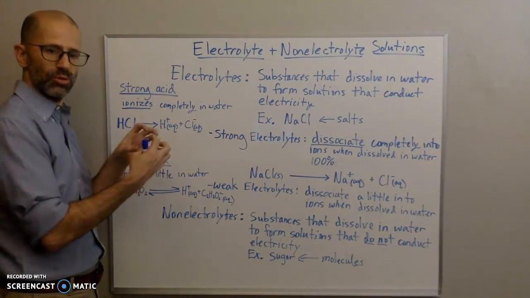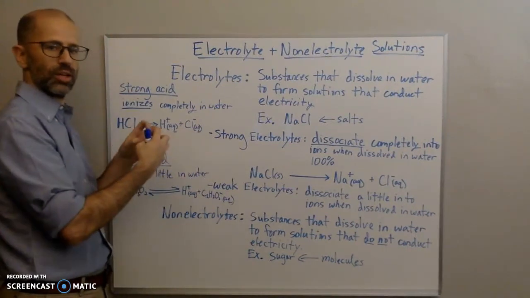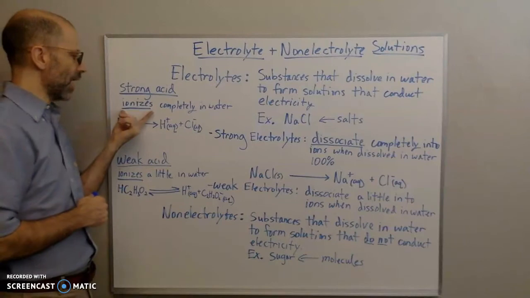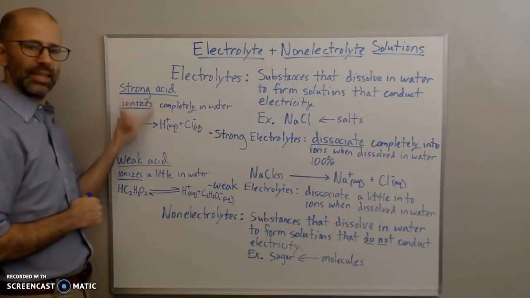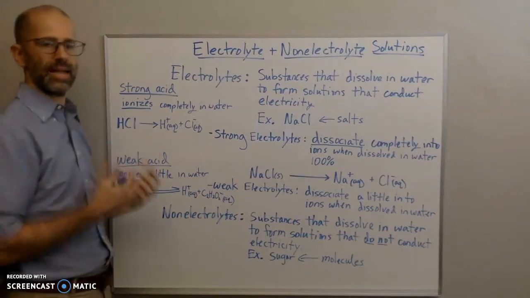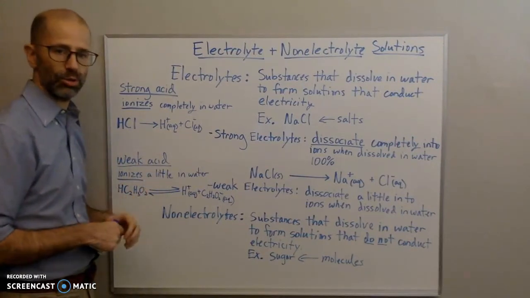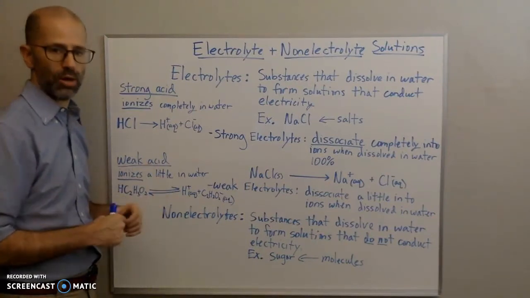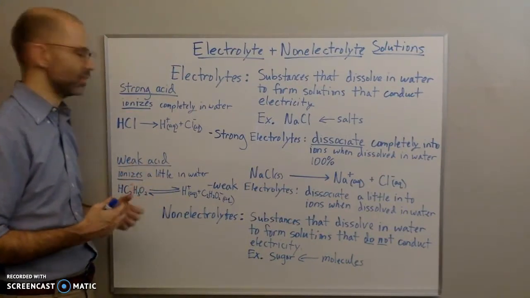So we say dissociate because they're pulling apart. We're not dissociating ions in strong and weak acids because the acids themselves are molecules. They're not ionic compounds. So before you throw them in water, they are molecular substances.